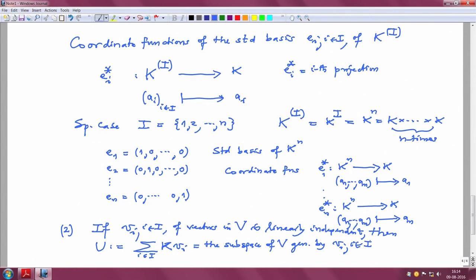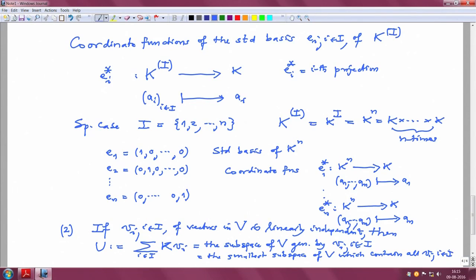This means by definition it is the smallest subspace of V which contains all Vi's.